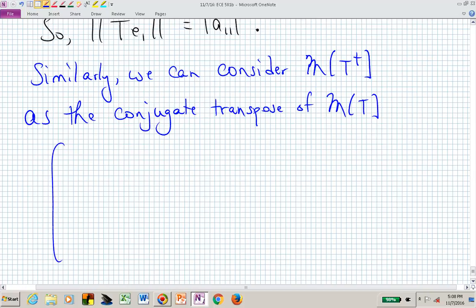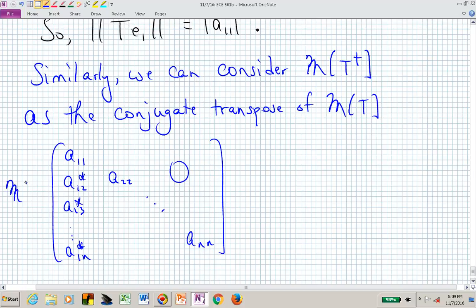We had the matrix representation of T being this upper triangular. If we now transpose that, it puts all those non-zero entries below the diagonal and conjugates those, but everything on the diagonal is real. So we now have A11, A12 star, A13 star, down to A sub 1n star, A22, and so on, with zeros elsewhere. This is now the matrix representation of T dagger.